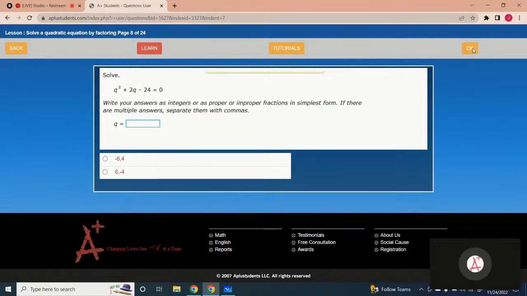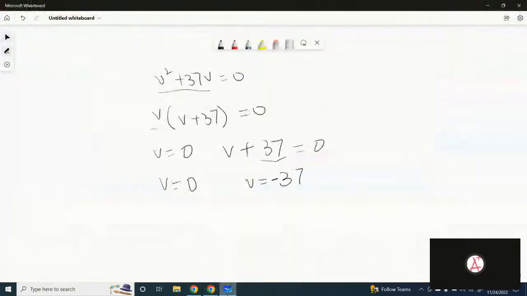Okay, let's solve this one. Q square plus 2q minus 24. Because the rest of the questions are just very easy, let's do this one.